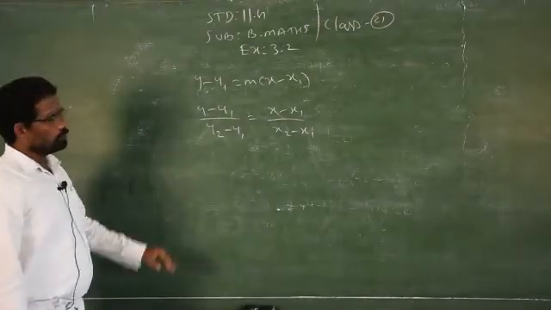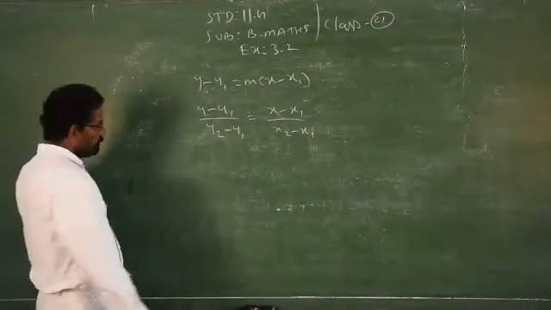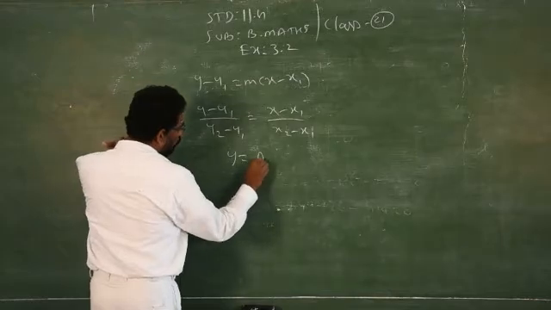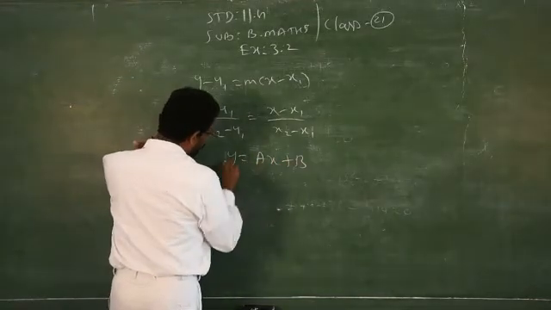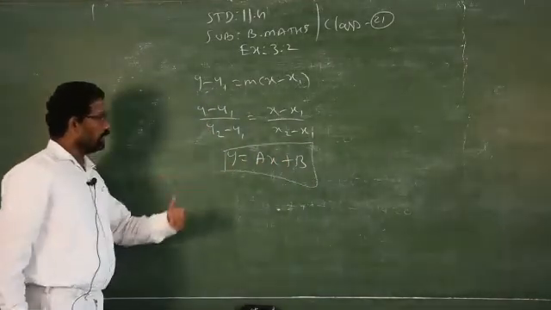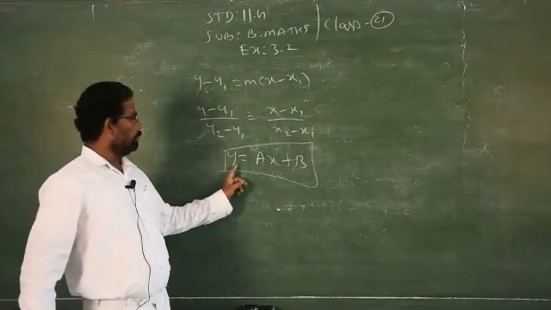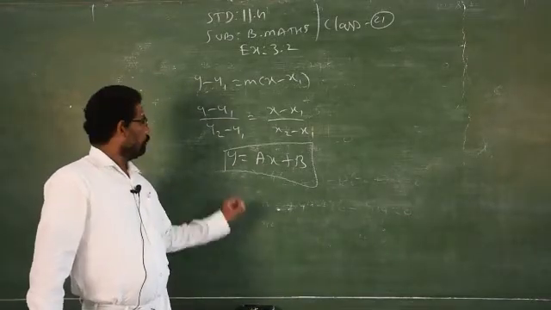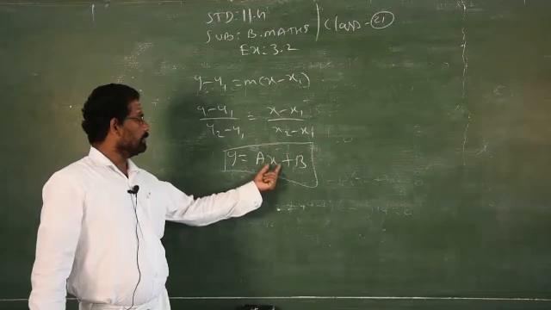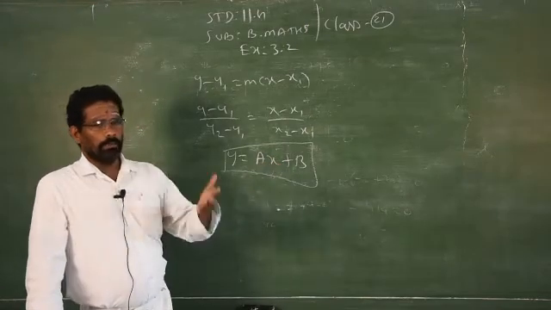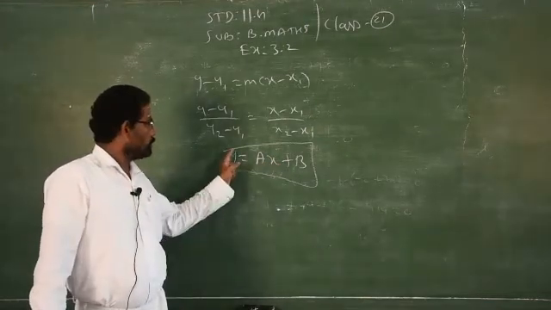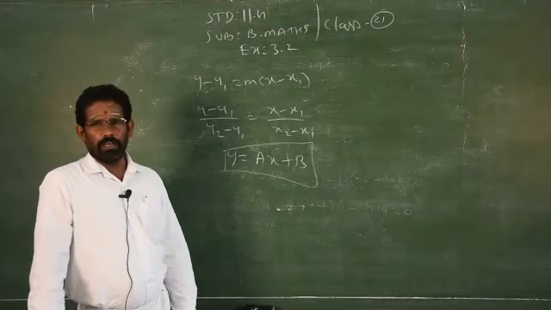Apart from these, we have one more concept, that is the linear equation, y is equal to ax plus b. This is called a linear equation with the two variables y and x. Y refers to cost, x refers to number of units.